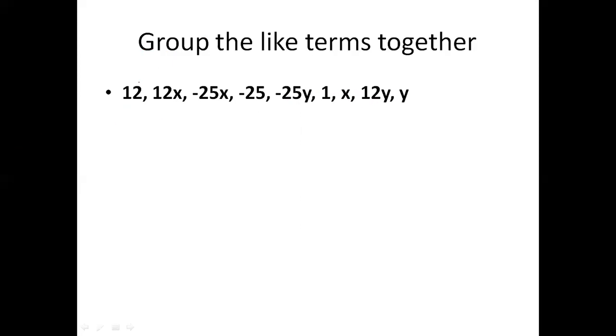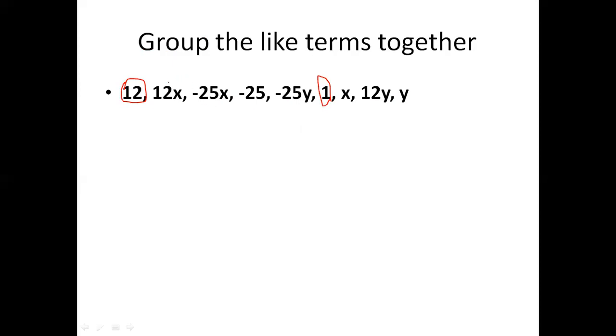So what we will do is we'll take only the constants together first. I have a constant which is 12. Then I have another constant which is 1. So I can group these two together.